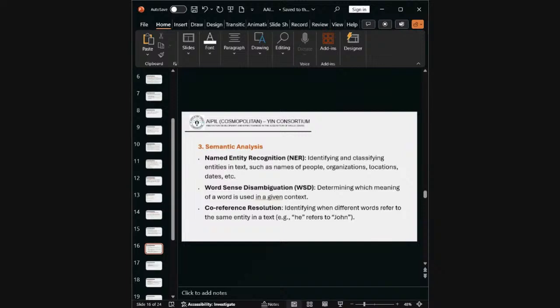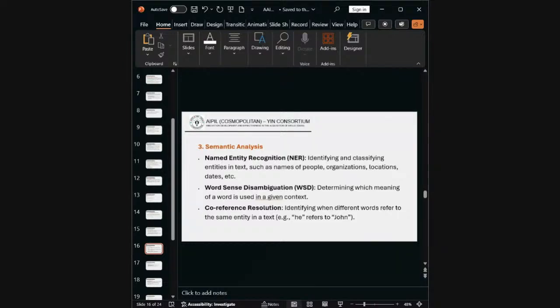And then for the semantic analysis, we are also trying to identify the different words that refer to the same entity in the text. Do you get it? So this is what we are trying to achieve when we are doing semantic analysis. What we are trying to find out is the meaning behind the text, and this is how we find the meaning behind the text using these different approaches.